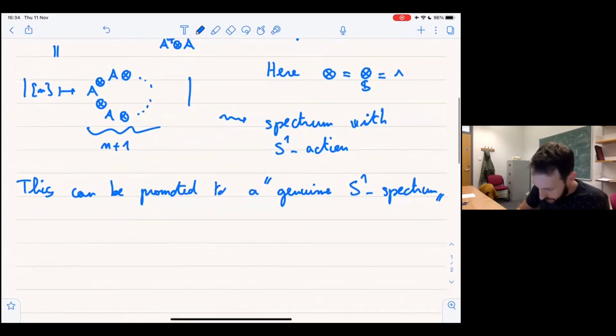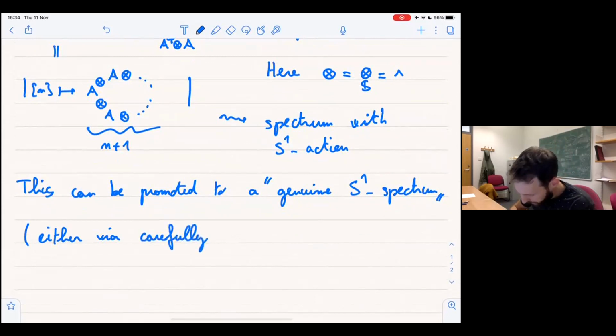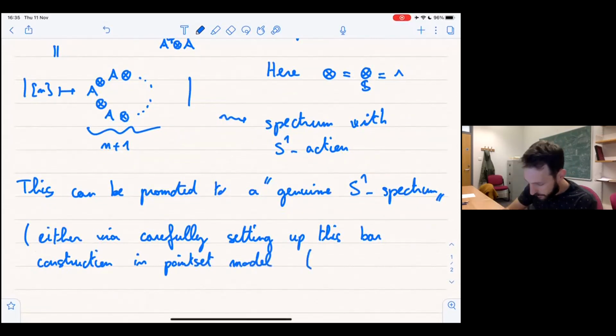In basically two ways. Either classically, via setting up carefully this bar construction in point set models. This was the classical approach of Bökstedt, Hsiang, and Madsen.